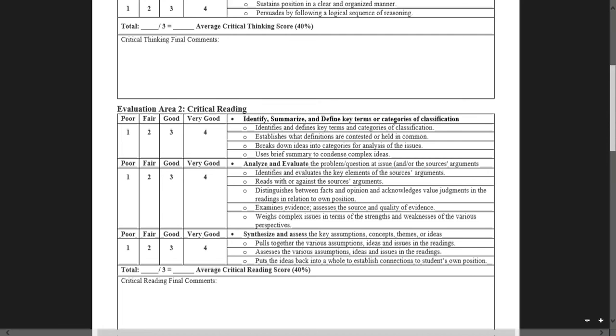Then finally, again, the word synthesize. So are you bringing together these ideas and showing how they relate? Are you looking at that relation as you go and connecting all these ideas to have one larger point that you're trying to make?